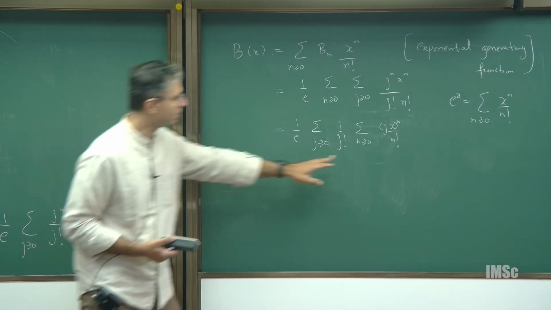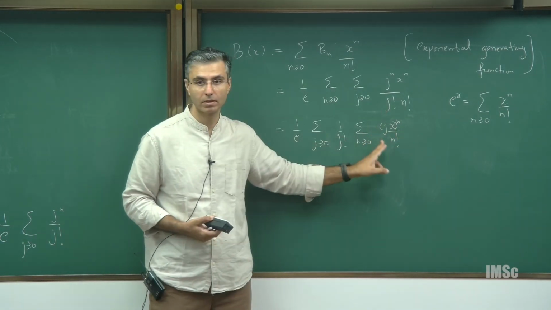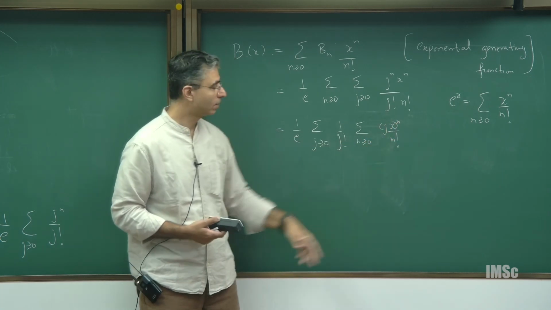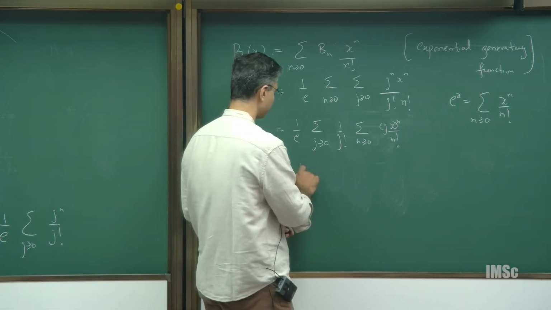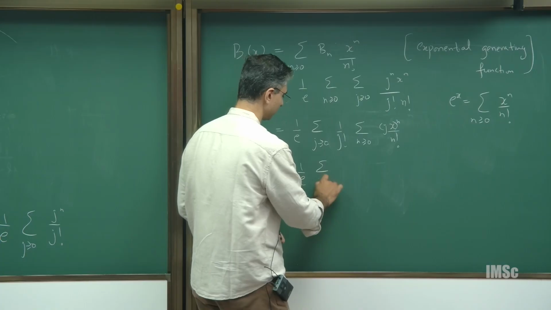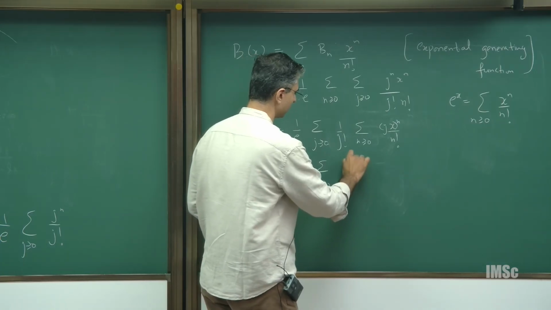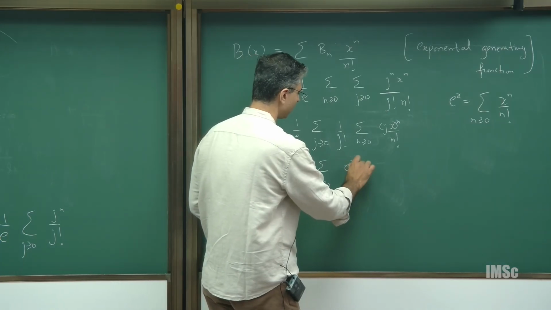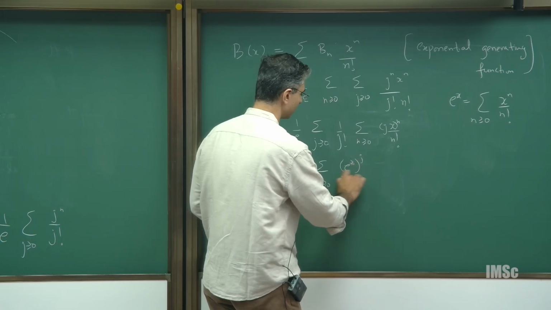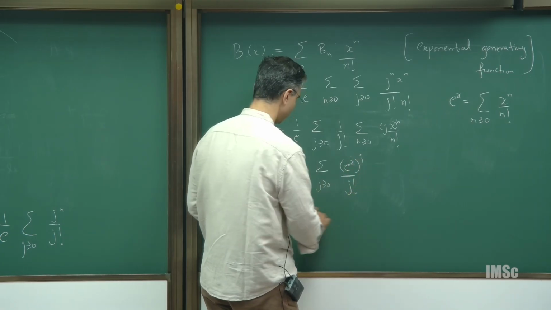Right. So, what is this? This is e to power jx, right? Let us write e to power x is to j. What is this?